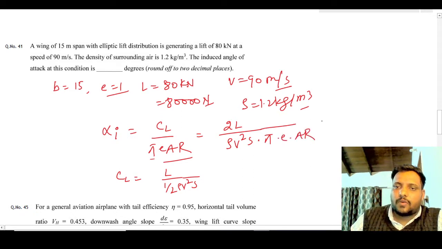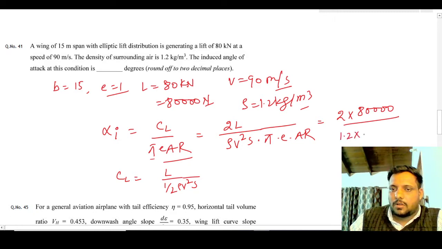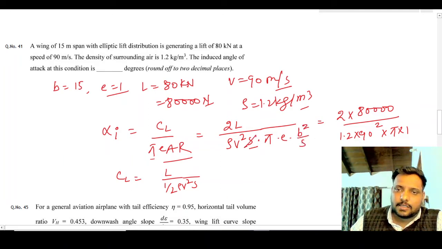Okay, so E being 1, if I put the values 2 into 80,000 divided by 1.2 into 90 square into pi, E is 1 and AR is what? B square by S. So if let's say I write B square by S here instead of AR, so this S is cancelled, so into B square, so B square is 15 square.